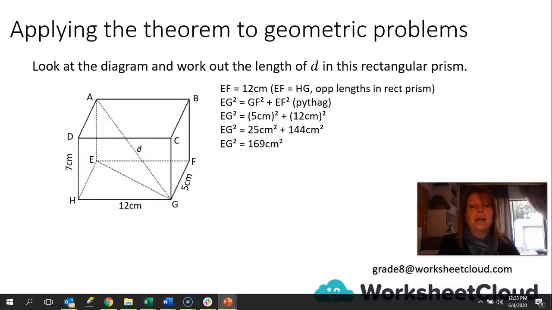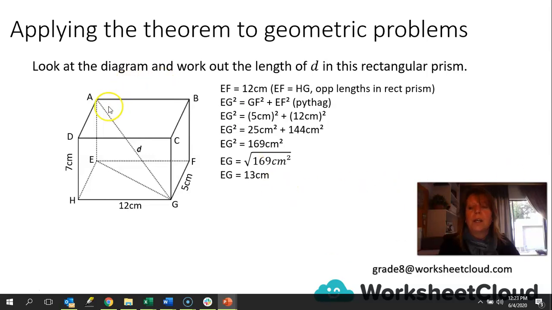That's going to give me 169 centimeters squared. Remember, that's EG squared, so it's the diagonal squared. We want the diagonal on its own, not the square of it. So we have to square root 169 centimeters squared, and that's going to give us the length of EG. And as you know, the square root of 169 is going to give me 13 centimeters.